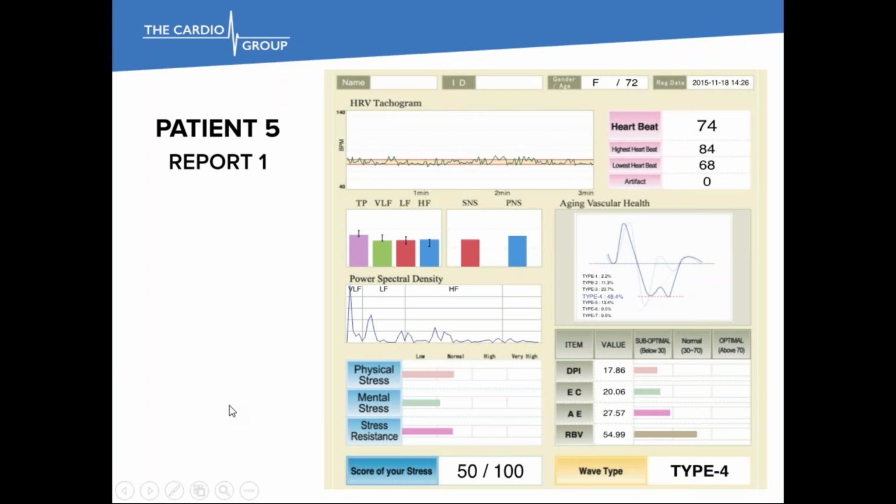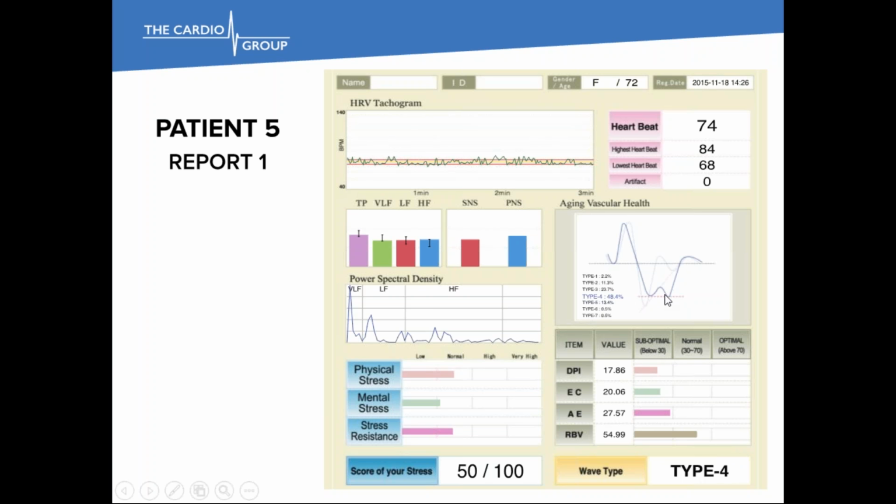Next, we have a 72-year-old female. There are 0 artifacts and a waveform that's predominantly type 4. So now we're starting to think, okay, this is probably real physiology. Eccentric contraction is suboptimal, arterial elasticity is suboptimal, and residual blood volume is consequently high.